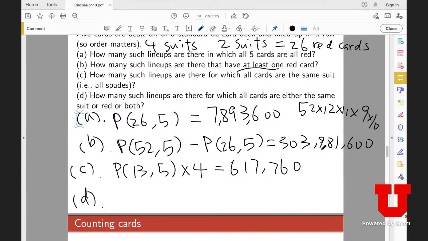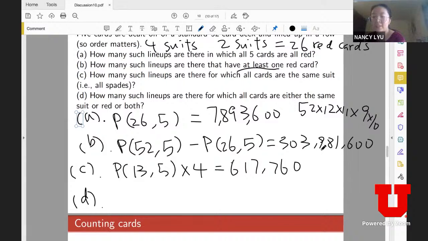So one question though, if during the quiz or the exam we come up with that way of counting, do we get full credit? Yeah, you will get full credit as long as you have all the intermediate steps.